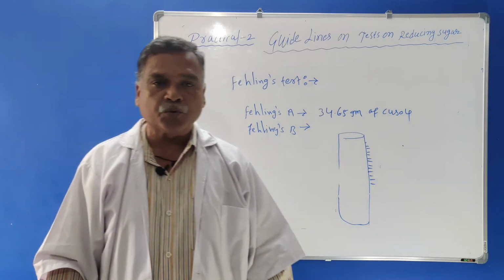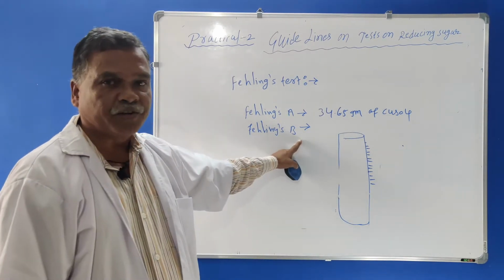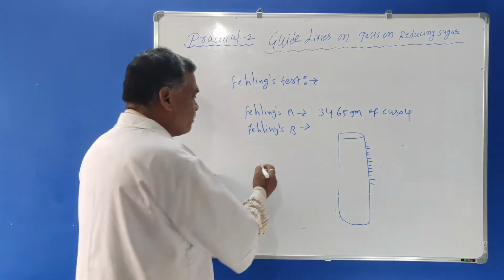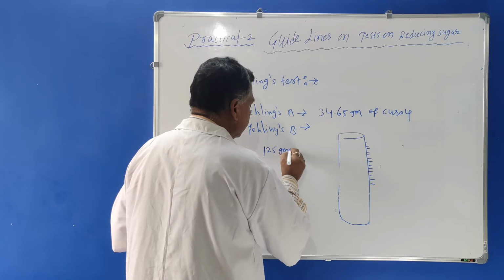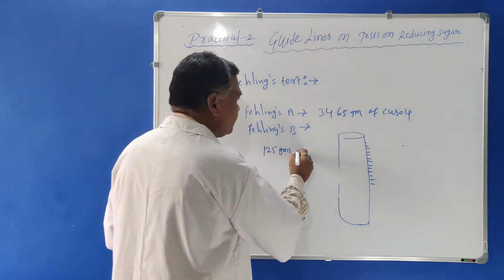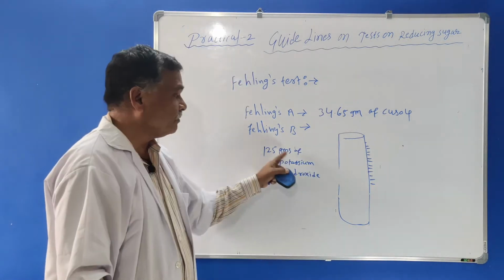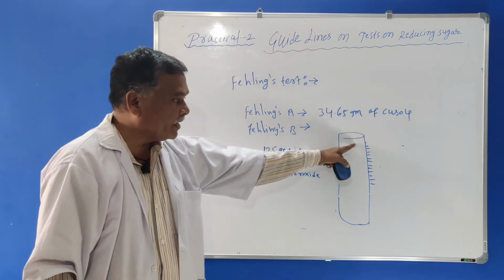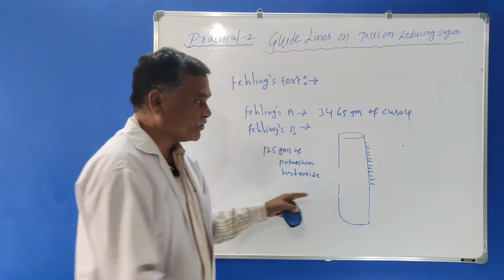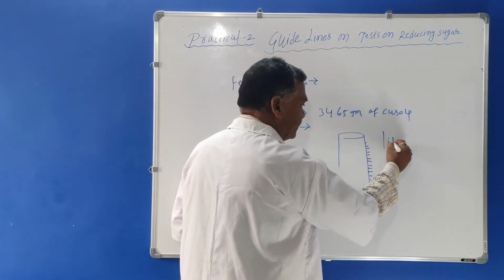Then we prepare the other solution, that is Fehling's B solution. Here 125 grams of potassium hydroxide is taken in a measuring cylinder. Its capacity is 1 liter.